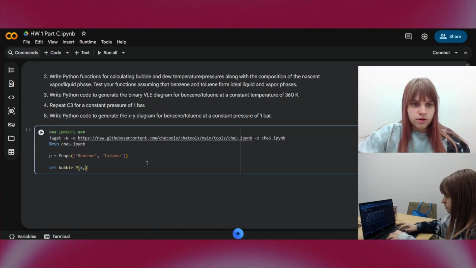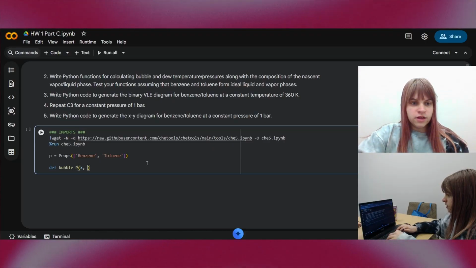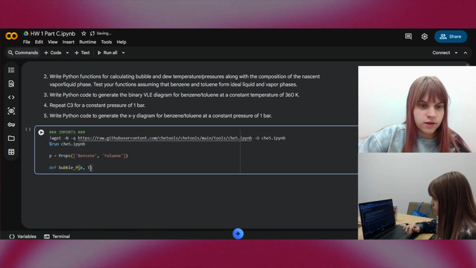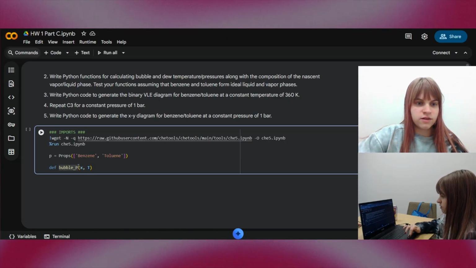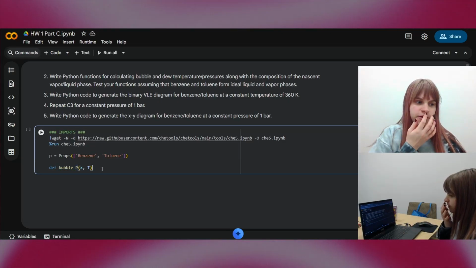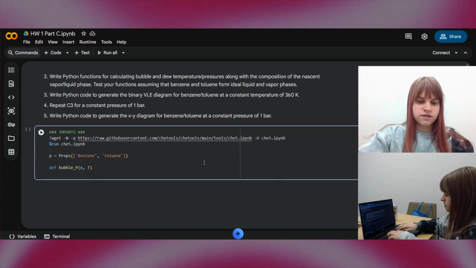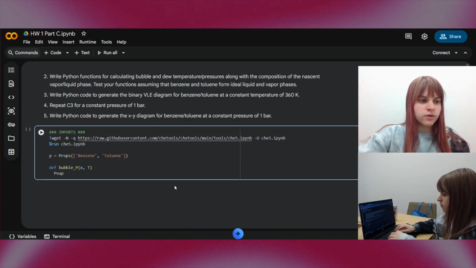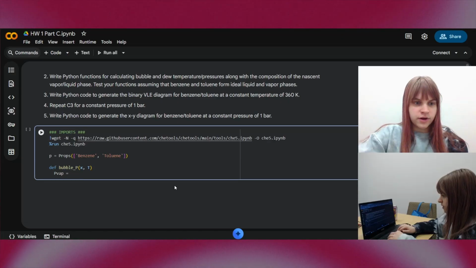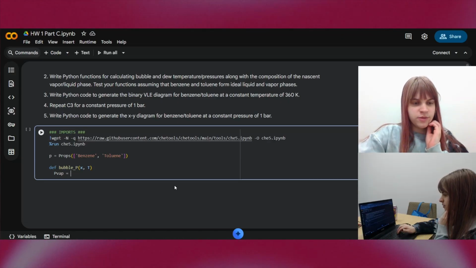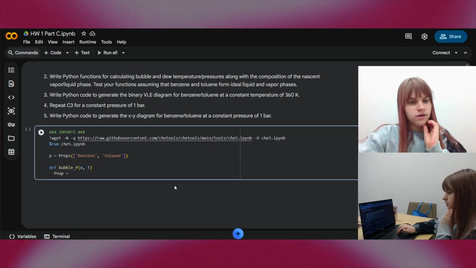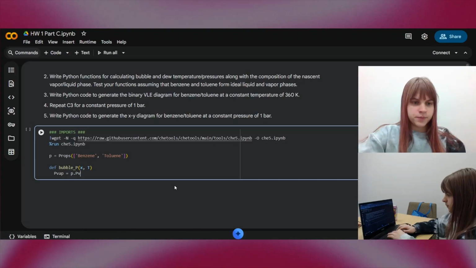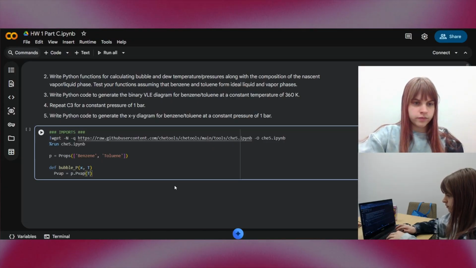As we know, we're given the liquid mole fraction, and we have a temperature corresponding to this bubble pressure right there. Our next step is once again pulling from the import. We want to get the vaporization pressure, or the saturation pressure, of each of these components, given a temperature.